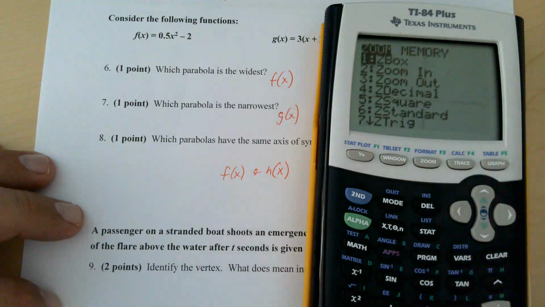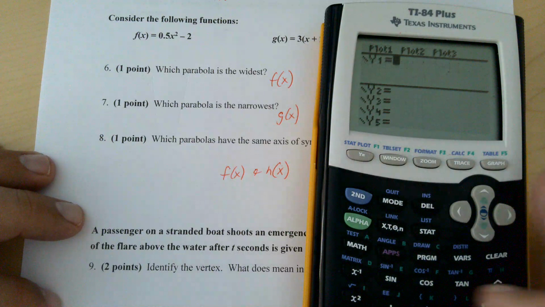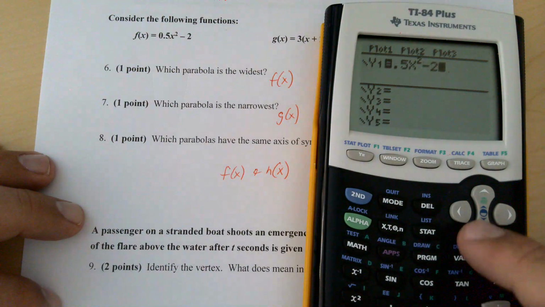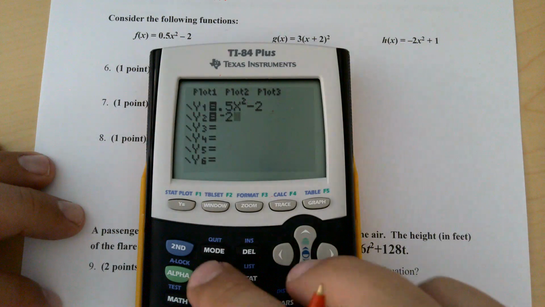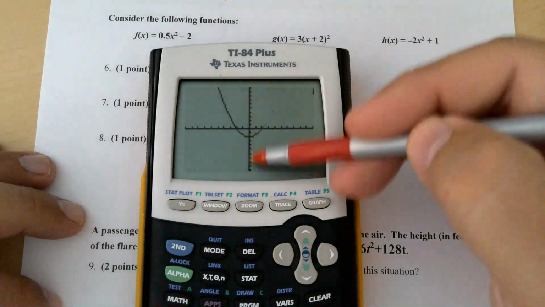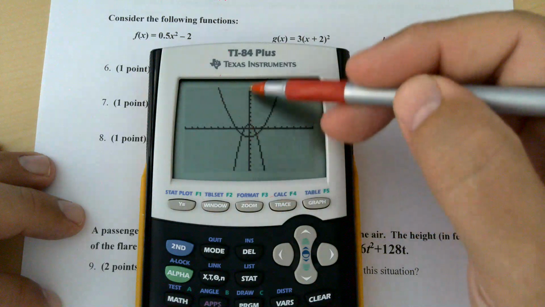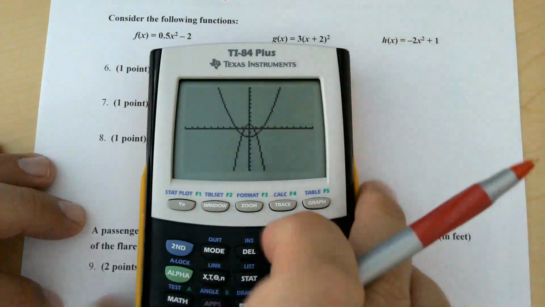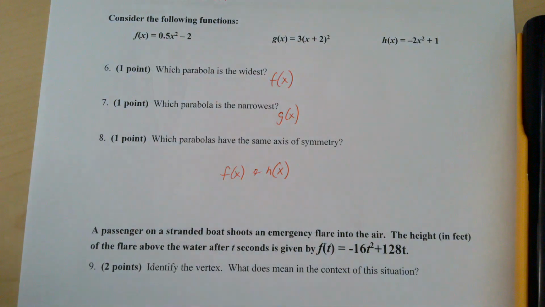You want to make sure I can go to my y equals screen and I can type in 0.5x squared minus 2, and I can type in negative 2x squared plus 1. We're going to see that we have the same line of symmetry. Okay, right there, x equals 0 cuts both u's in half. Okay, they share the same axis of symmetry.